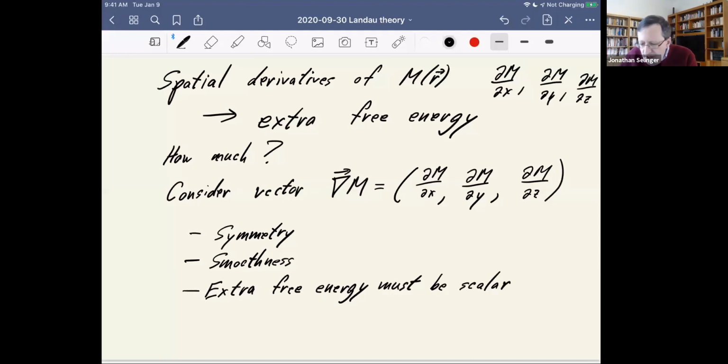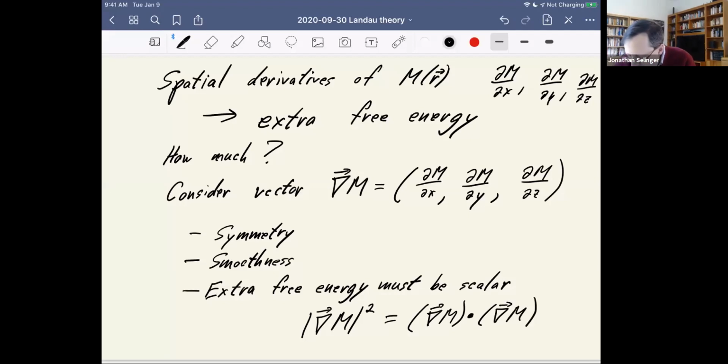So the extra free energy could be something that is proportional to this gradient of m quantity squared, right? The magnitude squared of this vector. That is to say, gradient of m dot gradient of m, right? This is a perfectly reasonable thing.